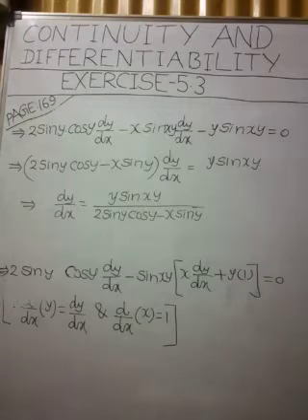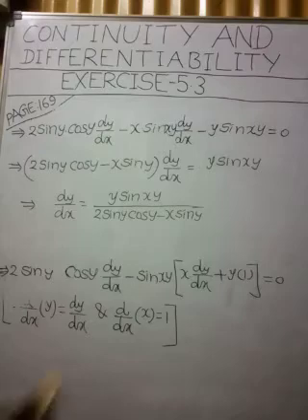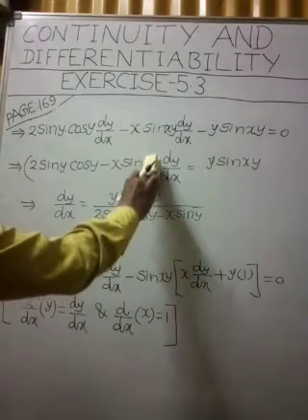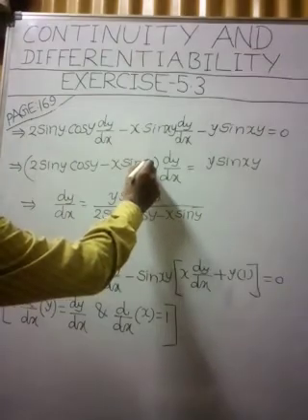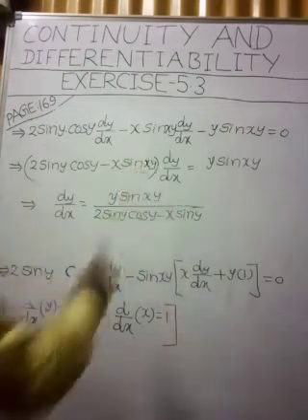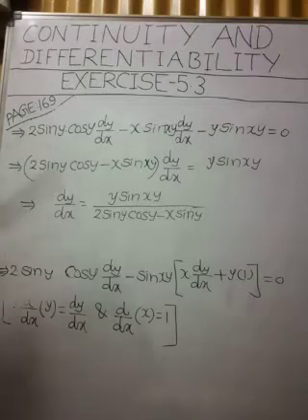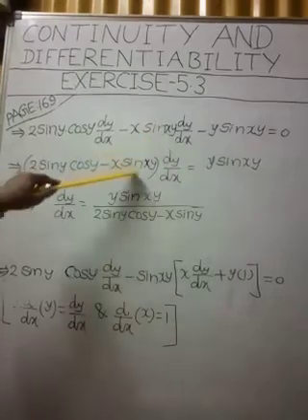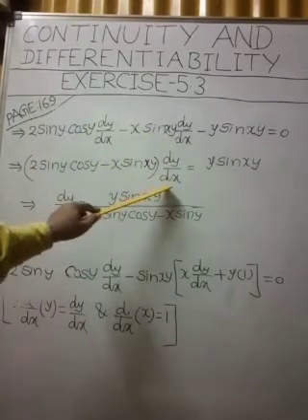Right. Now, from these terms, we are taking the common factor dy by dx. Then we get 2 sin y cos y minus x sin xy. From these terms, we are taking out the common factor dy by dx.